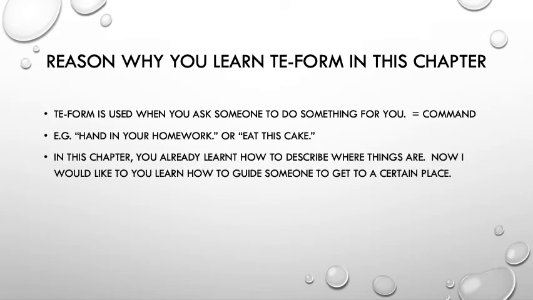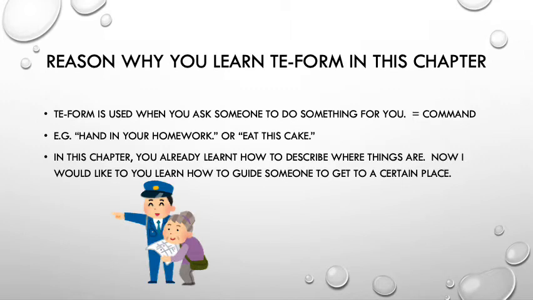So in this chapter, you already learned how to describe where things are. Now I would like you to learn how to guide someone to get to a certain place. Take a look at this picture.